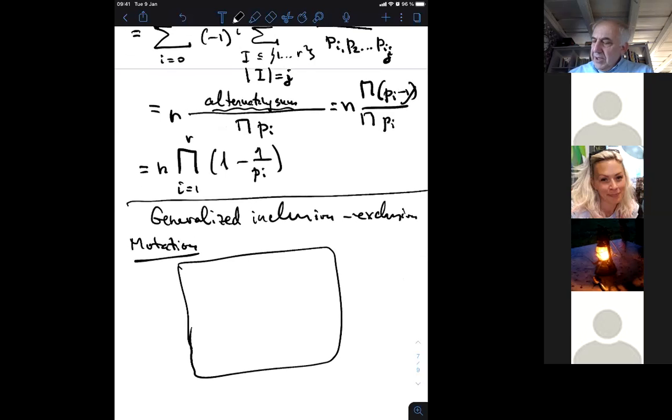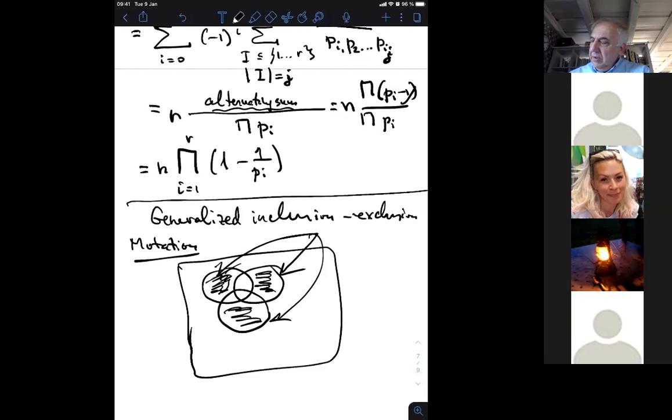Say we have 3 sets A, B, C, or say 3 properties, C1, C2, C3. And we want to count how many elements satisfy exactly one property. In other words, we want to count the shaded area here. So this plus that plus that.